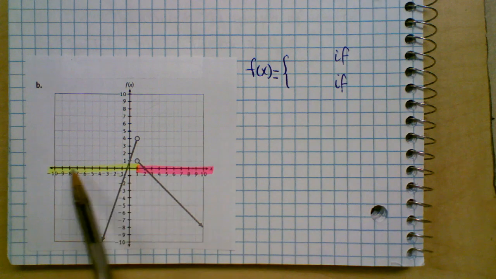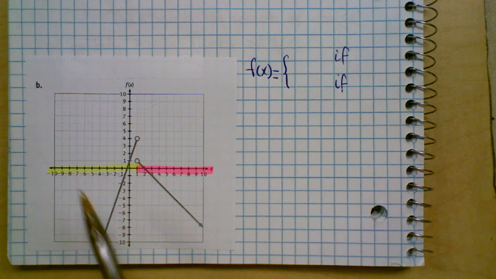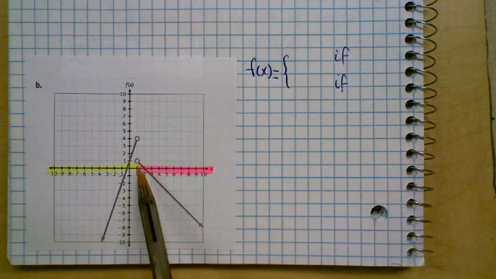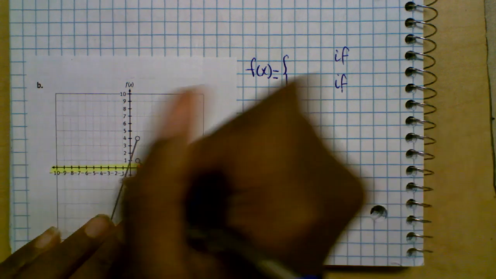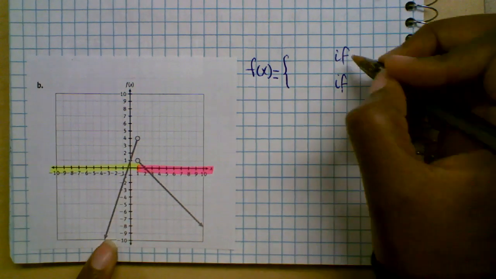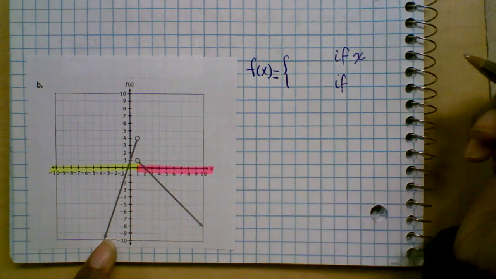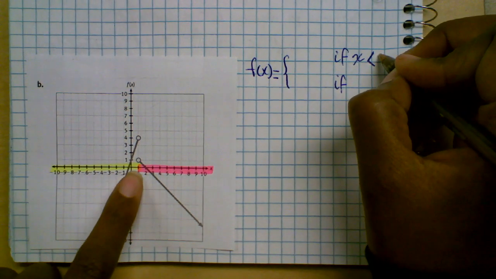On the left side, for all the x values less than one. Remember, all the numbers on the left side of one are going to be less than one. To write this as an inequality, you're going to start with x, less than 1.